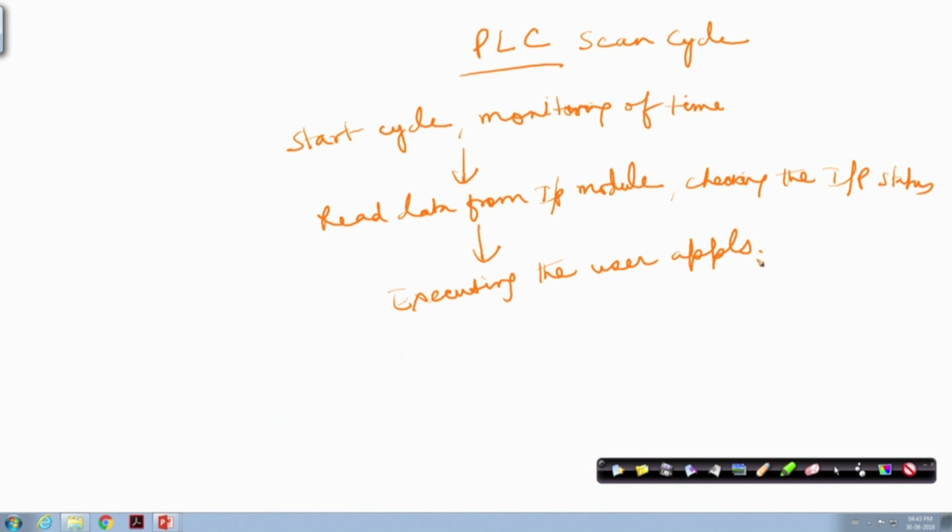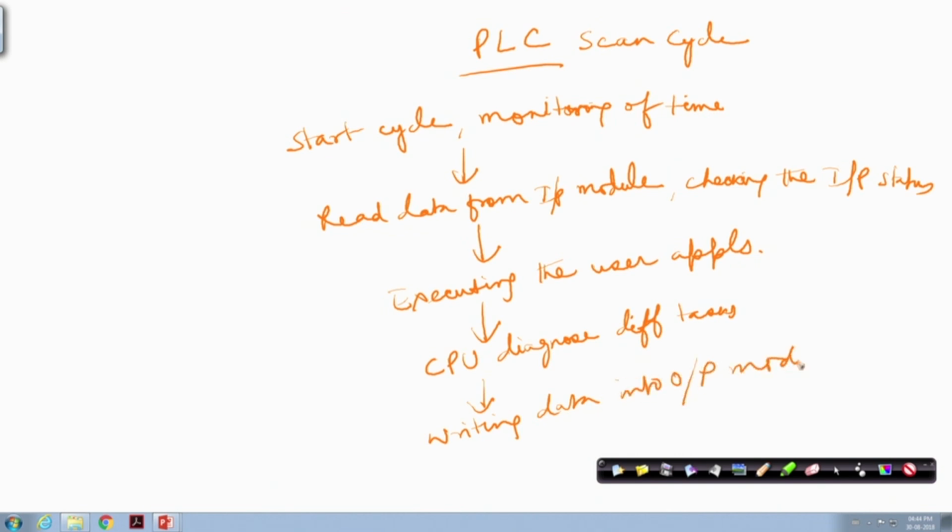Then you have the CPU diagnosing different tasks, and finally writing the output, writing the data into the output module.